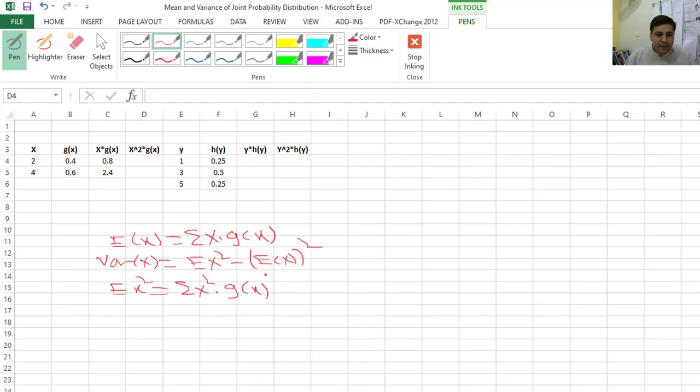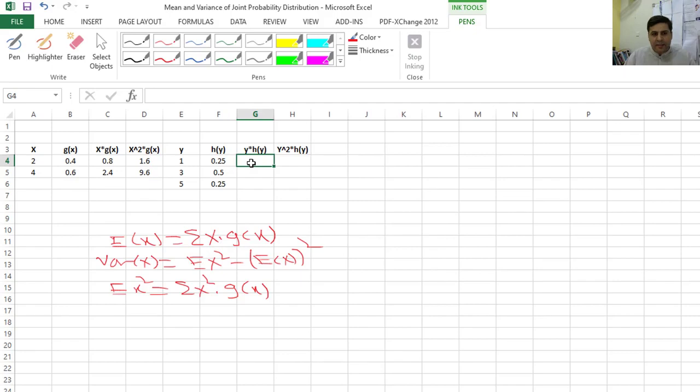That is why we will take the x square, take the square of this and multiply by its respective probability. This way we will calculate. You need to drag it down, because Excel will automatically calculate this. Excel will take the square of this 4. A5 is the cell in which 4 exists. So 4 square into 0.6.